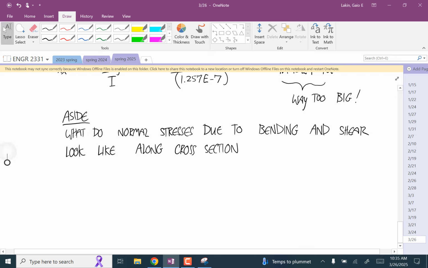Okay, so here is a side view of a beam. And let's say we make the cut here. The XX stress, absolute value, due to the bending moment looks like this.